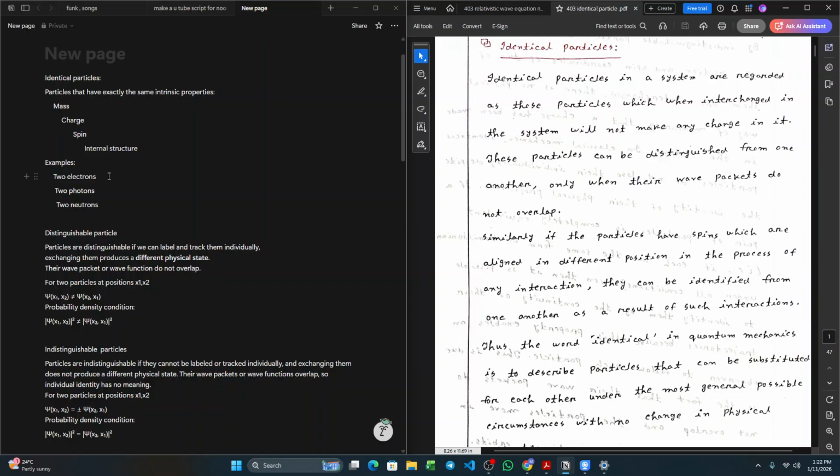So same charge, same spin. This is called an identical particle. If these four things are equal, then we must say they are identical particles.